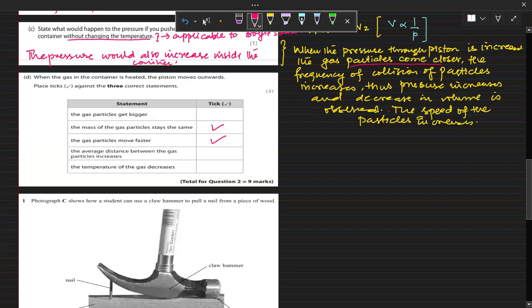The distance between one pair of particles may decrease, but the distances need not be the same. So yes, the average distance between the particles increases as well. The temperature of the gas decreases: again, this is the wrong statement. When you are heating the substance, the temperature of the gas definitely increases.